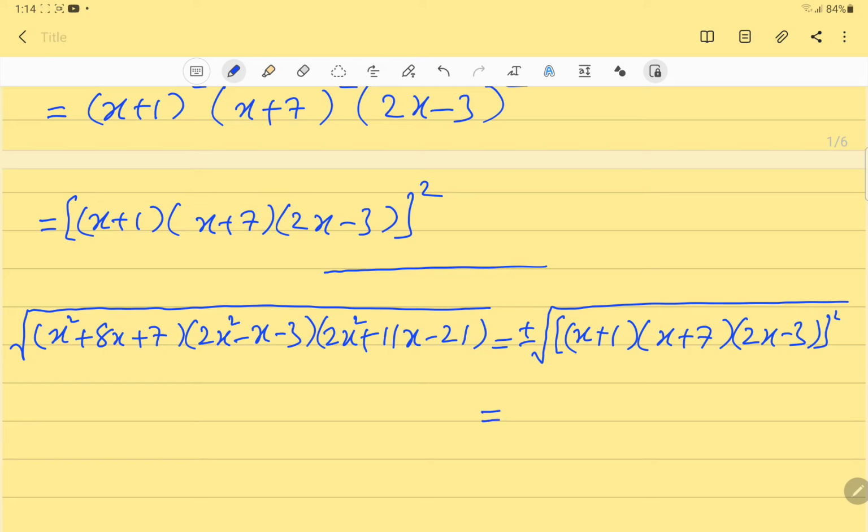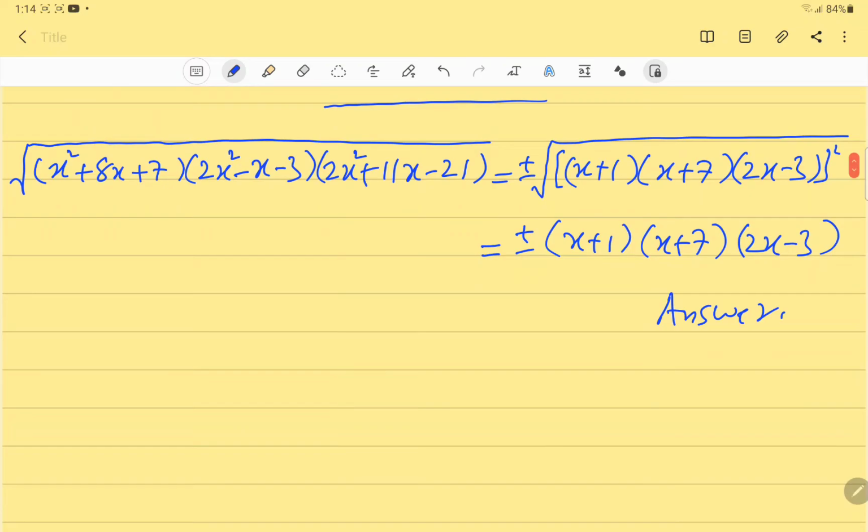So the square root will cancel with the square, so we are left with plus minus (x+1)(x+7)(2x-3), which is the answer of this question.